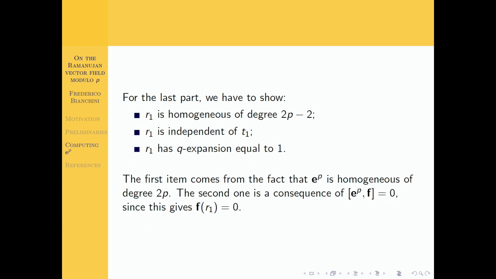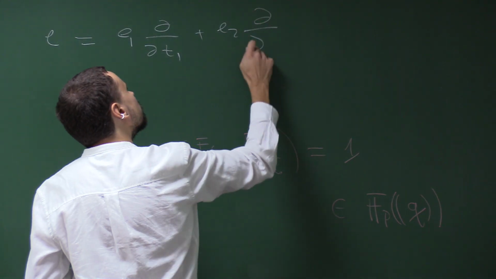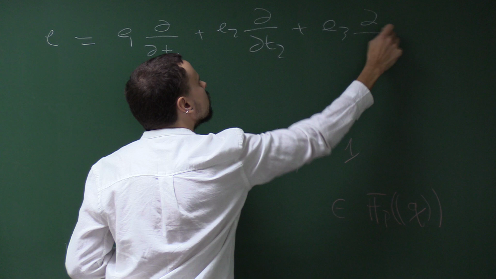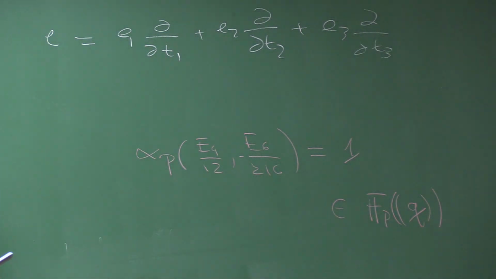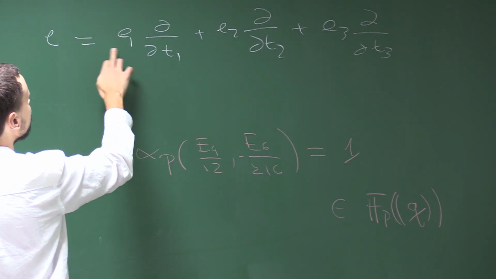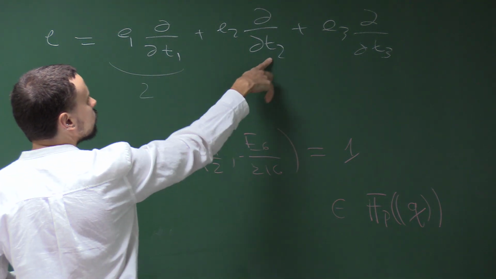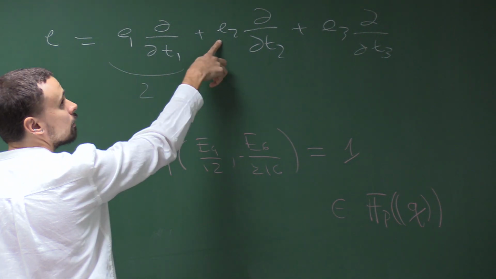Okay? It's not difficult. And for the last part, we have to show these three things. So the first item, that R1 is homogeneous of degree 2P minus 2, is a simple thing. So E is written as E1 dt1 plus E2 dt2 plus E3 dt3. And, well, T1 is homogeneous of degree 2, and E1 is homogeneous of degree 4. So this guy is homogeneous of degree 2, and this one is homogeneous of degree 4, and this one is homogeneous of degree 6.